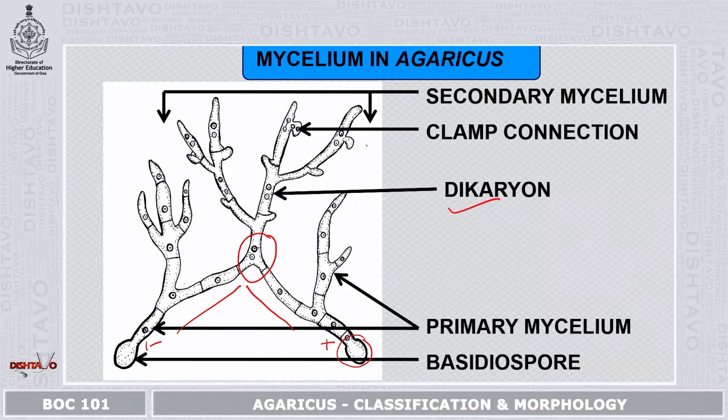Now, this dikaryon multiplies, the successive divisions take place by means of clamp connections. And it results in the secondary mycelium. The secondary mycelium, students, is very, very long-lived. Now, this mycelium will give rise to the tertiary, and tertiary will give rise to the mushrooms.